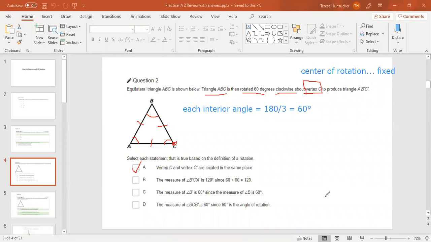The next statement says the measure of angle B prime, C prime, A prime is 120 degrees, since 60 plus 60 equals 120. Well, remember, rotations are rigid transformations, which means that it produces congruent figures. So corresponding angles should be congruent.